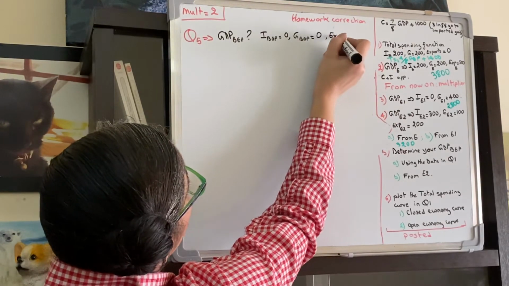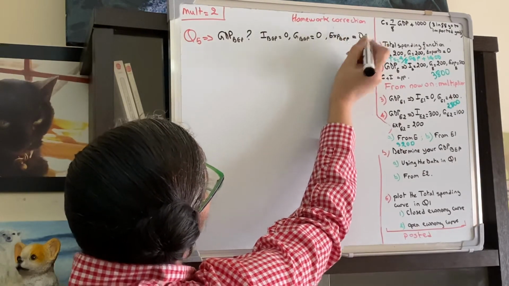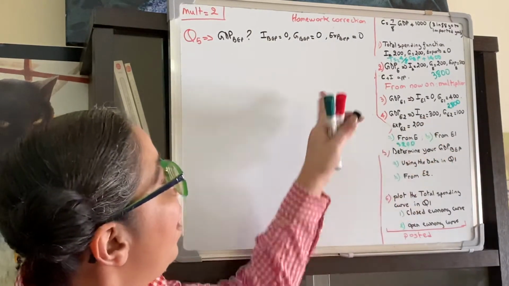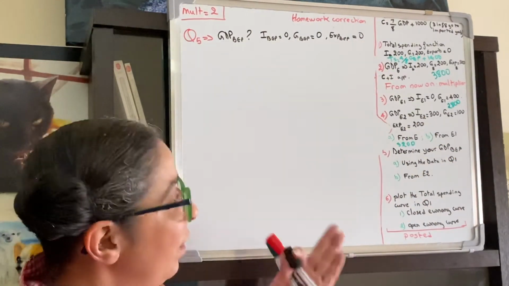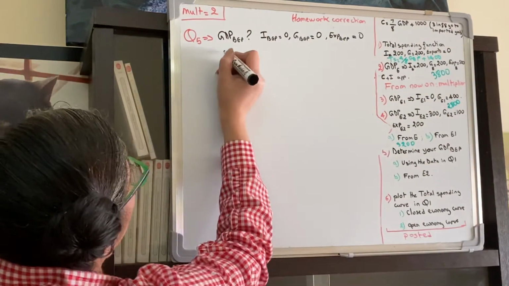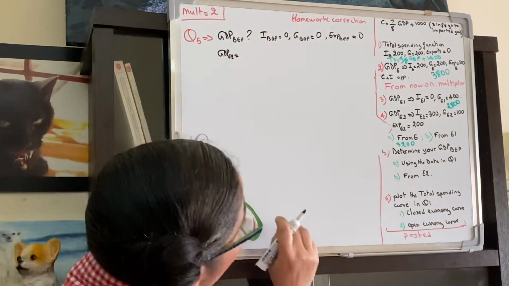Exports BEP equal 0. I put all the data that I have and set them to 0. This way it's easier for me for the deltas. Okay, so I have GDP E2, GDP E2 is equal to how much?